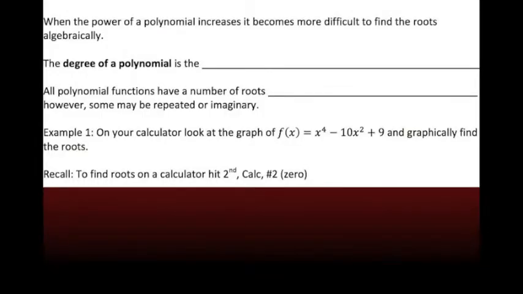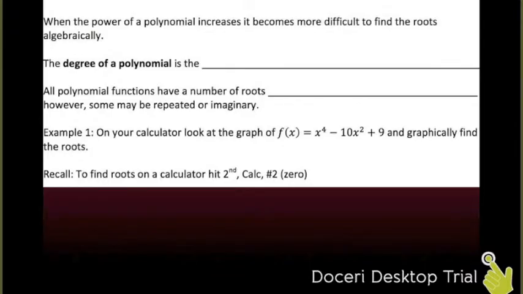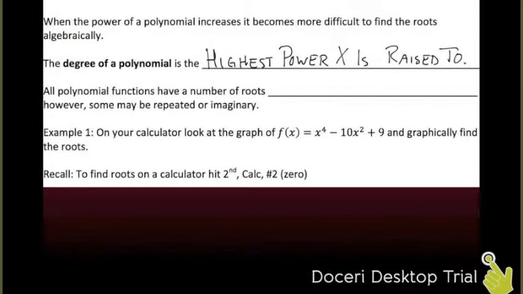Polynomial functions, the first thing we need to talk about is the degree of a polynomial function. This is the highest power x is raised to. All polynomial functions have a number of roots that is equal to the degree.